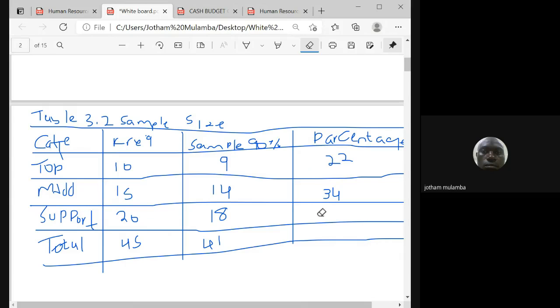Get us the percentage. It's 44. So when you add, it will give you 100%. So fill in 100%. Just a minute, I see somebody who is stranded.